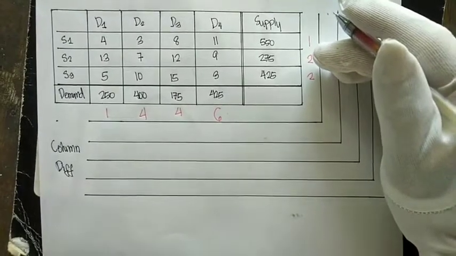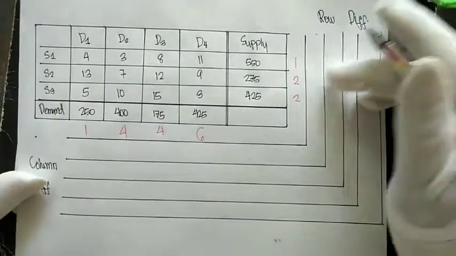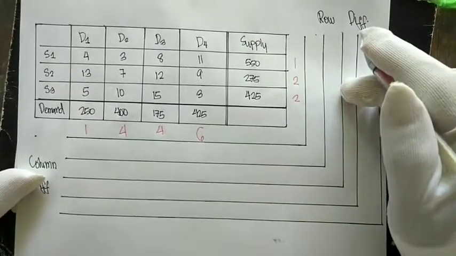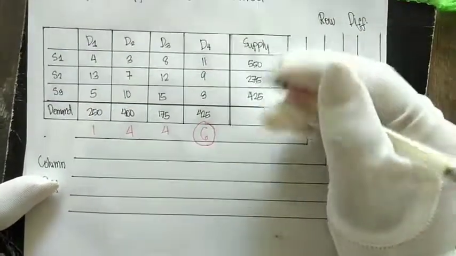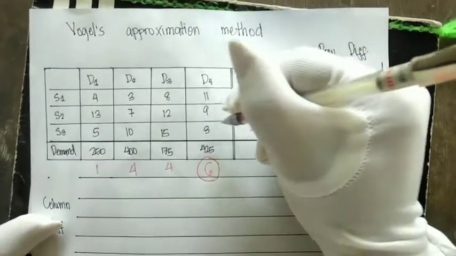So we must identify which has the bigger column or row value. Since 6 is our biggest value, we will start in this cell. Finding the least value of this column, we get this number 3.